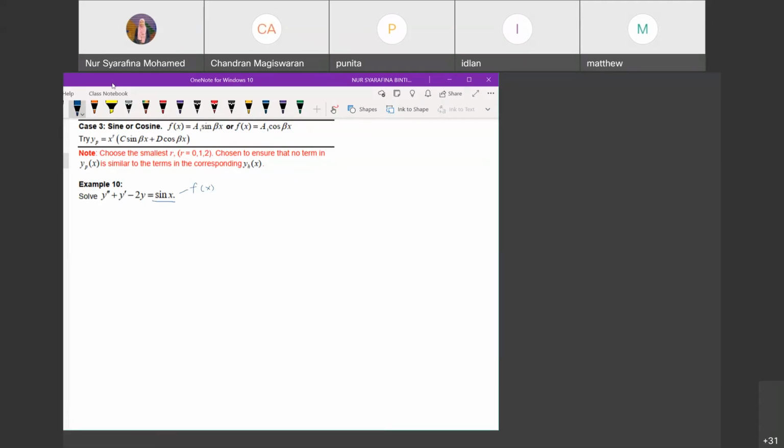Find yh. Of course, you need to find your yh by converting this differential equation to the characteristic equation m squared plus m minus 2 equals 0.